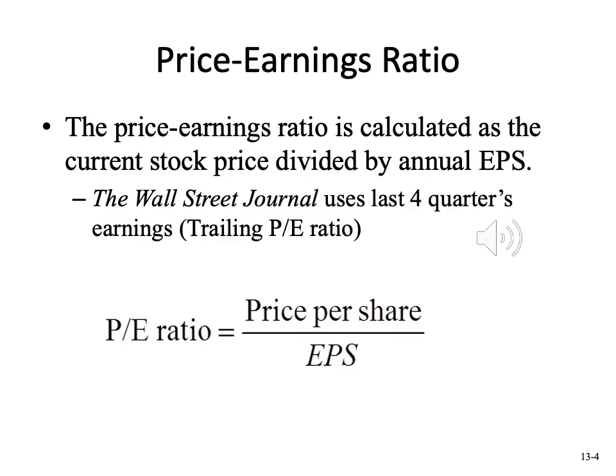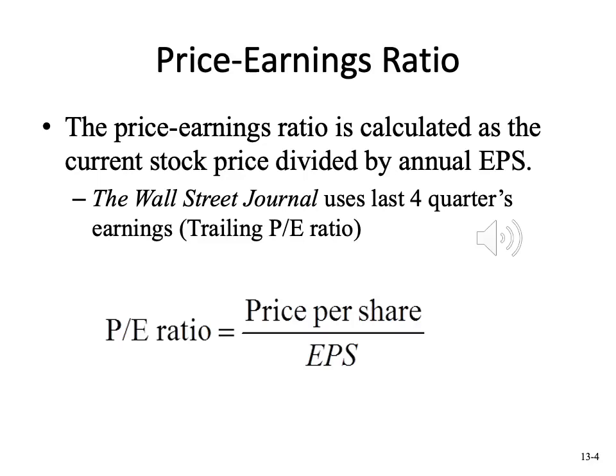P/E ratio. The price-earnings ratio is calculated as the current stock price divided by the annual earnings per share. Because the earnings per share are announced on a quarterly basis, for 1 year you will have 4 quarters of earnings per share numbers. The Wall Street Journal and a lot of other major financial websites or newspapers use the last 4 quarters' earnings.